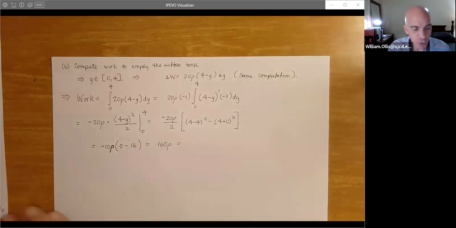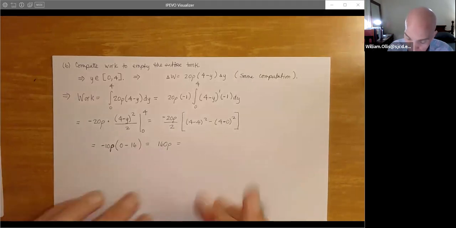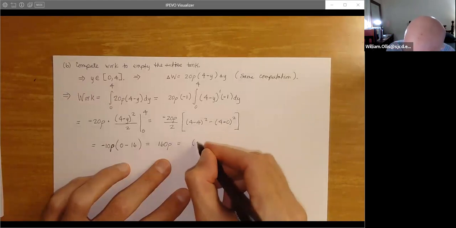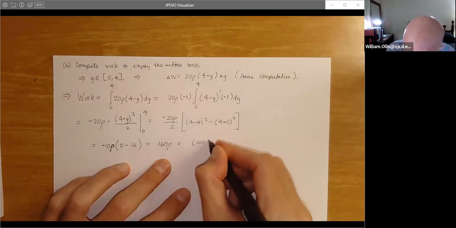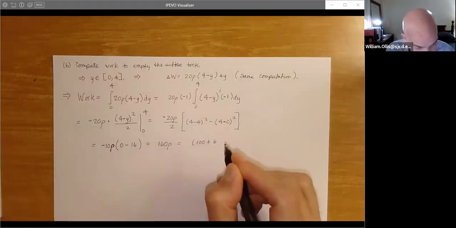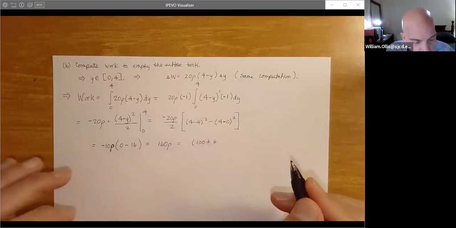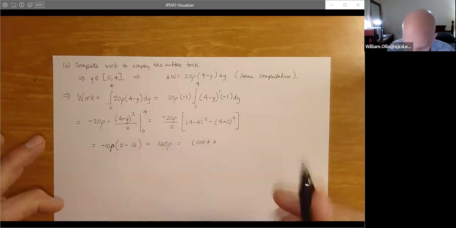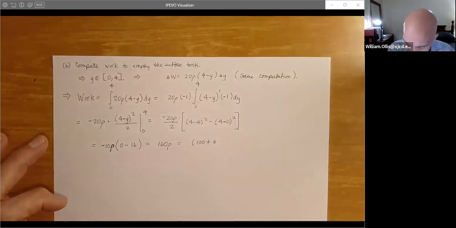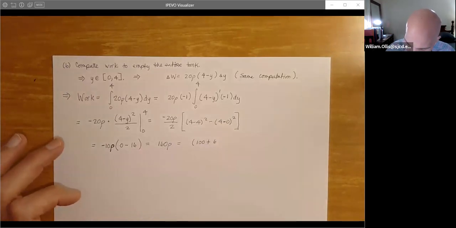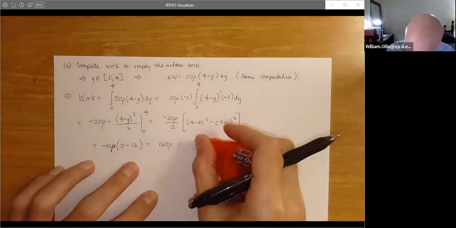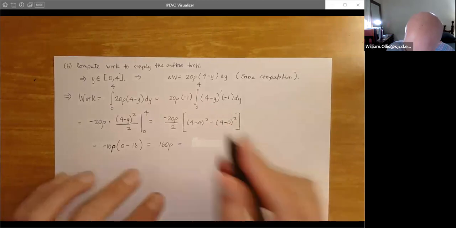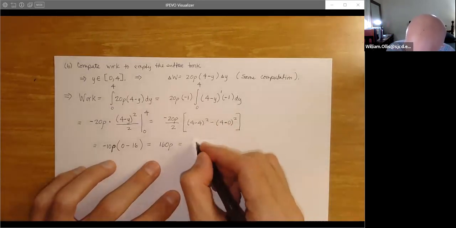Now, when you actually do this, you can break this up into 2 pieces. We can just say, in this case, 100 plus 60. One thing we can do that would make the calculation simpler is this. Before I do this, let me just show you a little trick here. This will lessen the difficulty of the calculation.